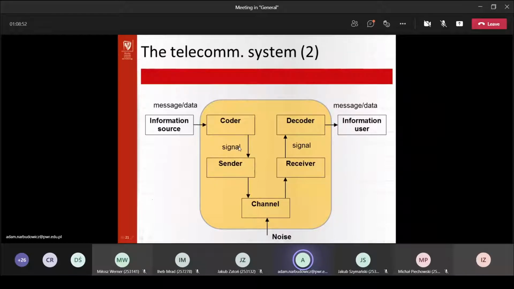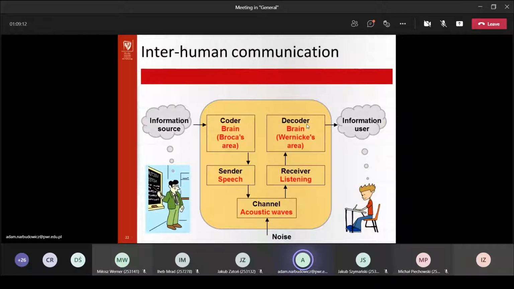That would be, for instance, some voltage levels or some amplitude and phases of your radio waves. And again, similarly, what's done on the transmitter needs to be repeated at the receiver in order to unwrap all that information.